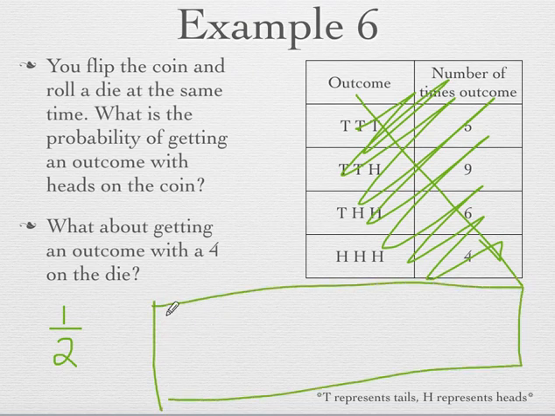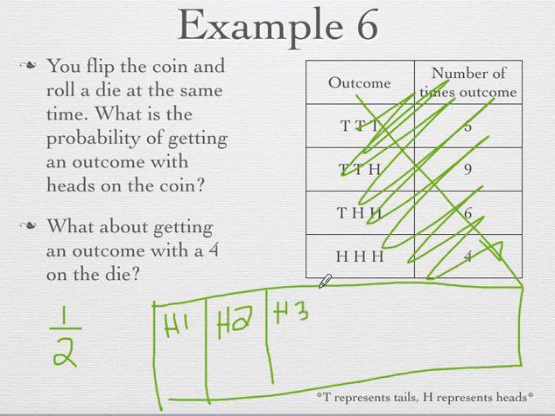The die will have 1, head 1, and then head 2, head 3, head 4. These are your possible outcomes if you roll a die and flip the coin at the same time. Head 5 and head 6.